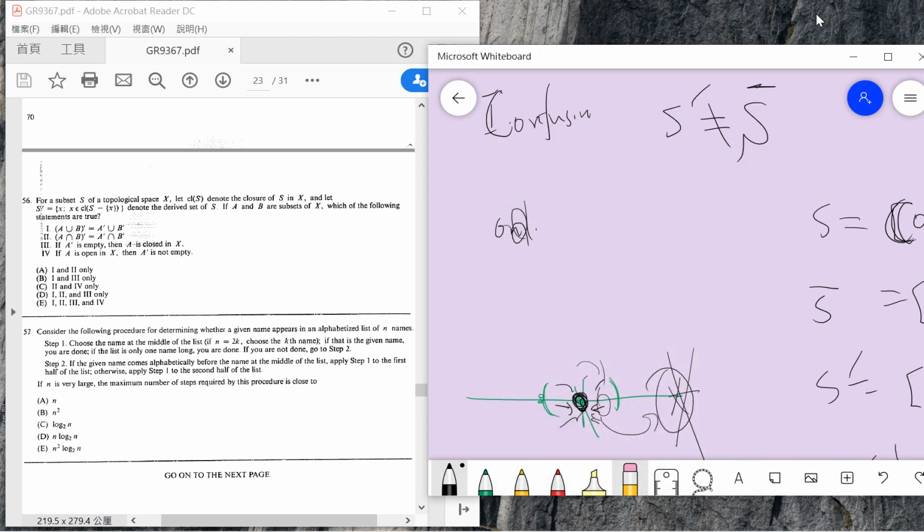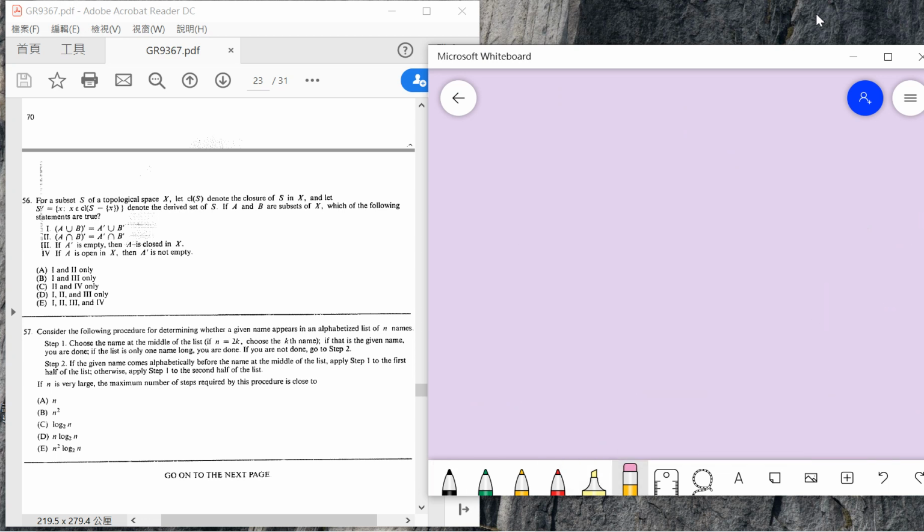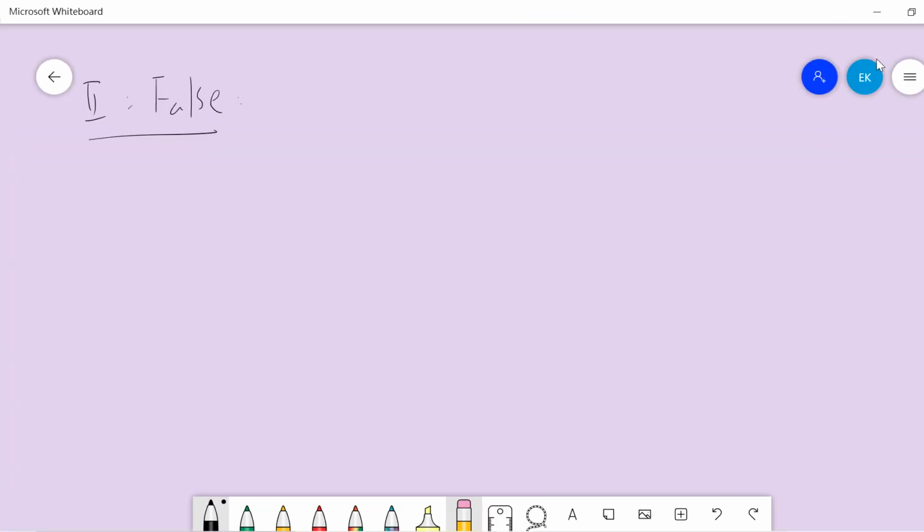The second statement says that the derived set of A intersection B is equal to the derived set of A intersection the derived set of B. This is false. This is a common question: when you take an intersection, the behavior of limit points is hard to predict.